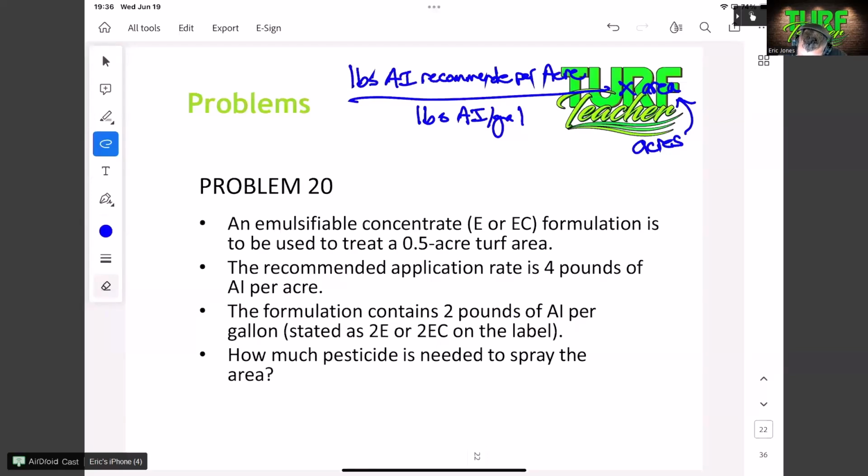But we have our 4 pounds, or 4 pound, divided by our 2 pound. Basically 1 gallon. 4 times 1, 2 times 2, divided that. So we need a gallon of pesticide to spray the area, a half-acre turf.